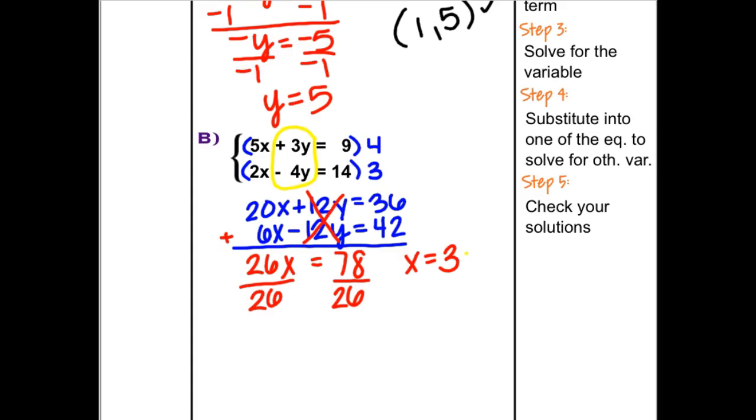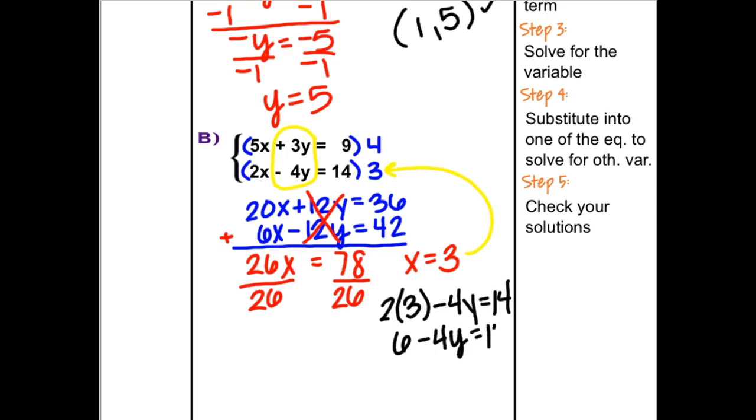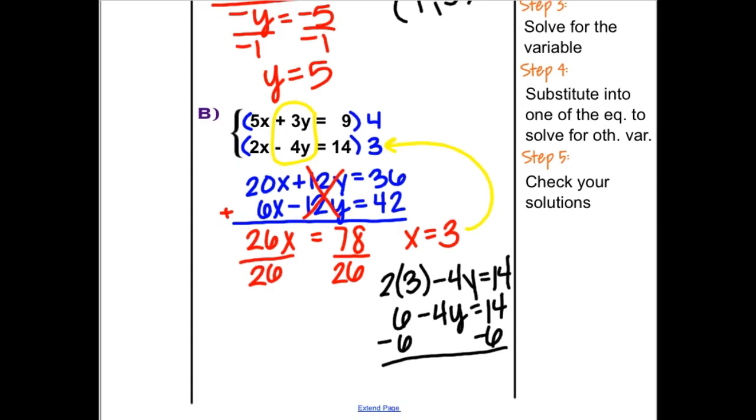I'm choosing the bottom equation again just because that 2 is smaller. So that means I've got 2 times 3 minus 4y equal to 14. 2 times 3 is 6, so 6 minus 4y equal to 14. I'm going to subtract 6, and I get negative 4y equal to 8.